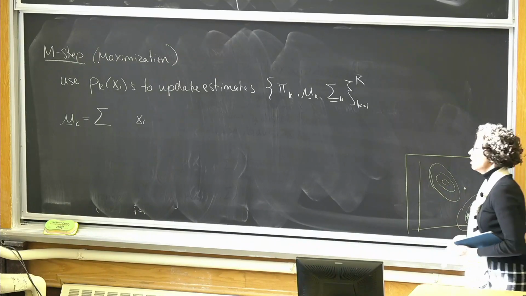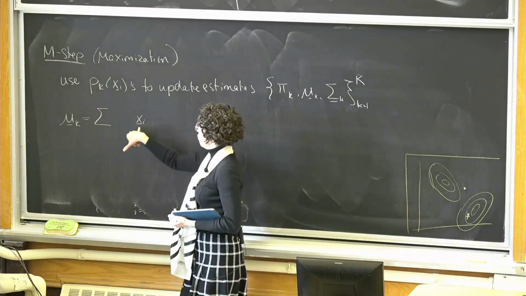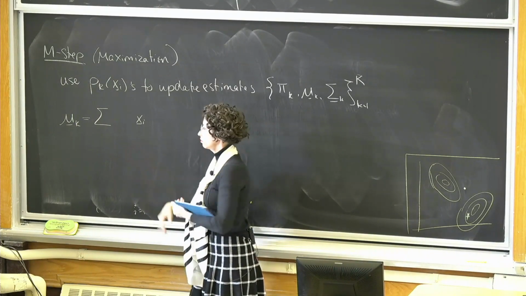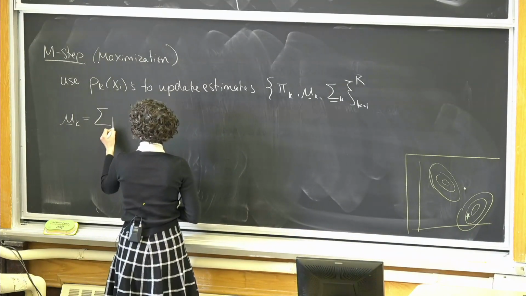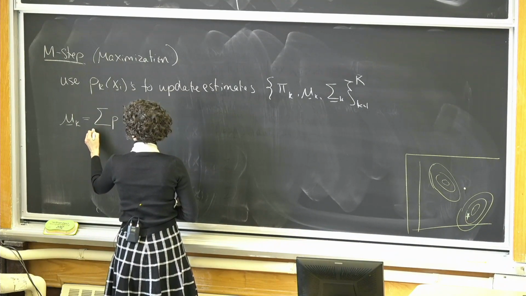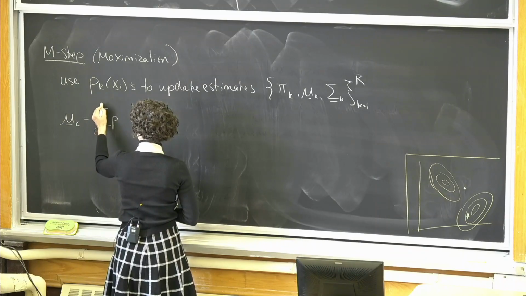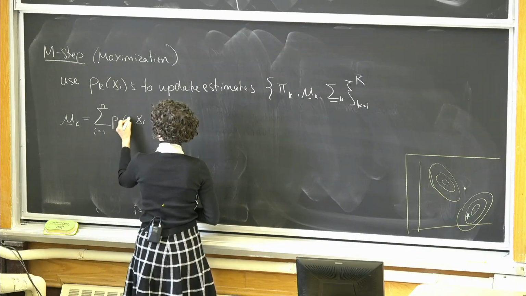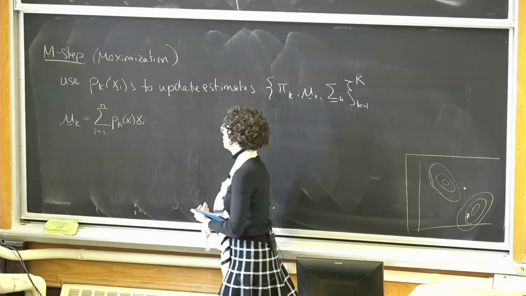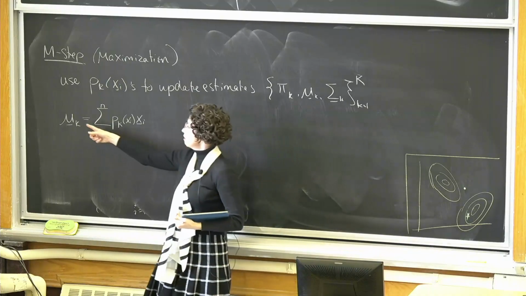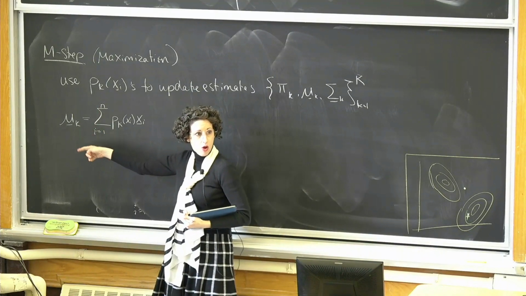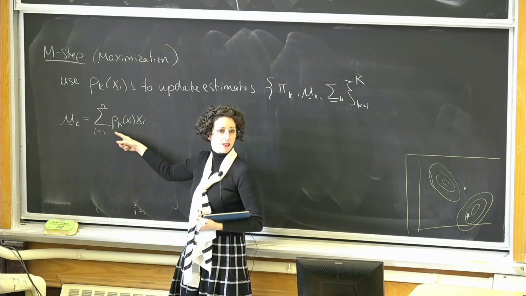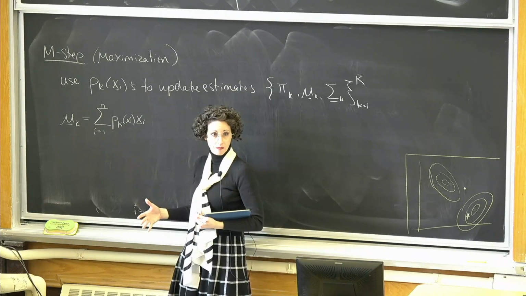So we are going to weight our x_i's using these responsibilities. In particular, we are going to sum from i equals 1 to n, this responsibility p_k(x_i) times x_i. So when we're trying to compute the kth mean, we're going to give more weight to the x_i's where the responsibility for the kth Gaussian for that point is higher.